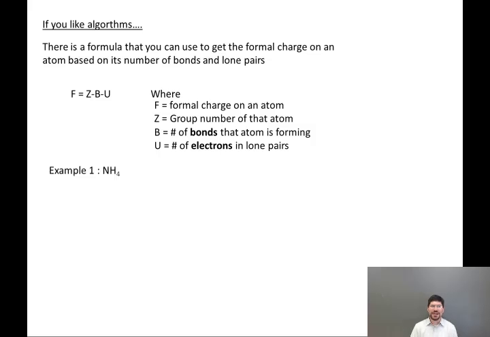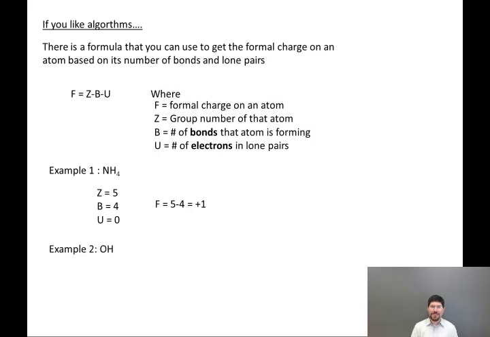Okay, so let's look at a couple of examples of just how the formula gets put into practice. If we look at NH4, which we already know what answer we're expecting for, Z is 5, you're in group 5 of the periodic table. It is forming 4 bonds, has no lone pairs on it. 5 minus 4 is equal to positive 1, so therefore you expect to have a positive charge.